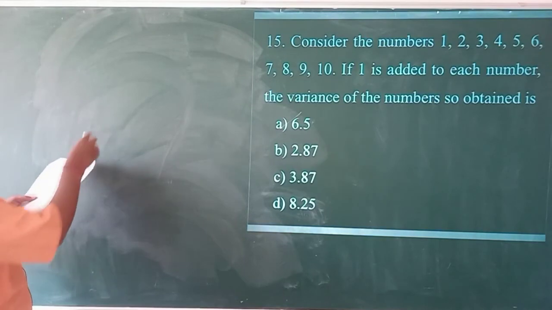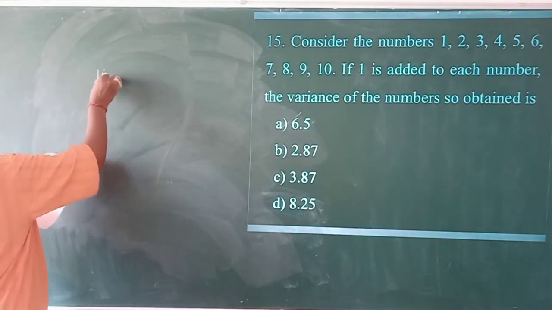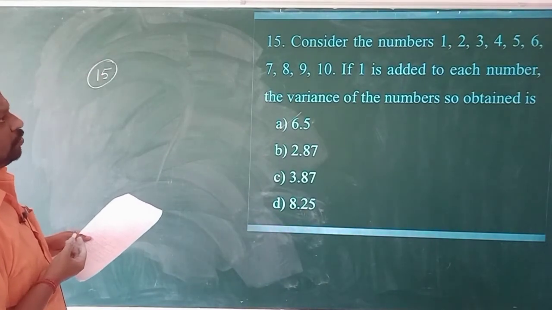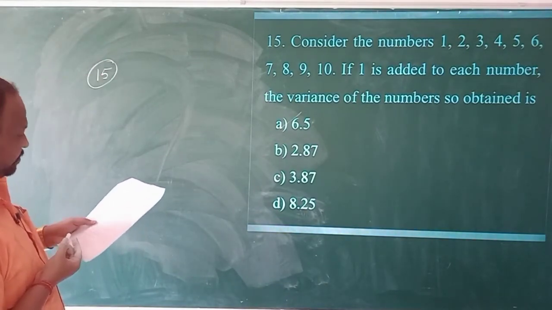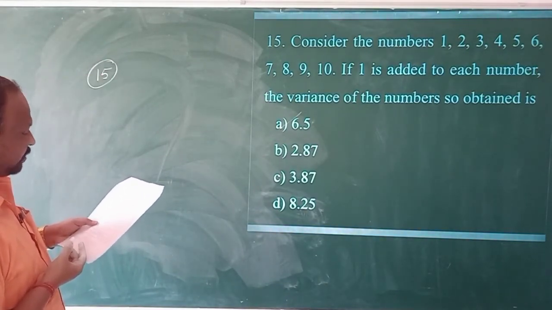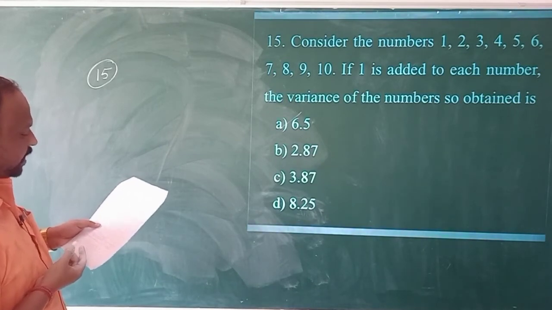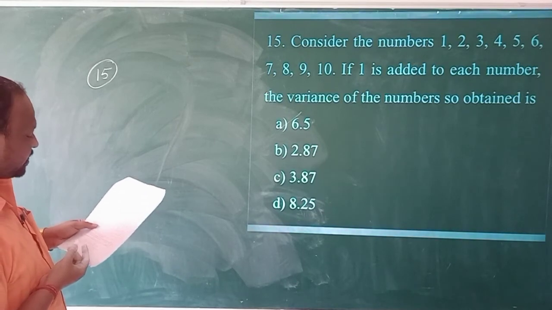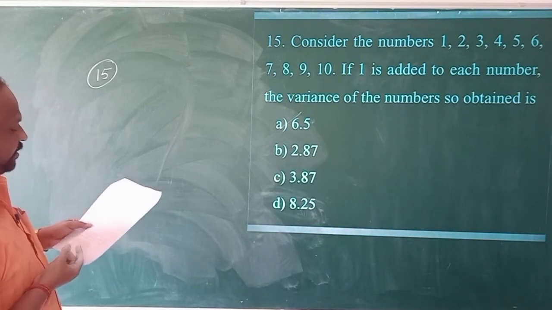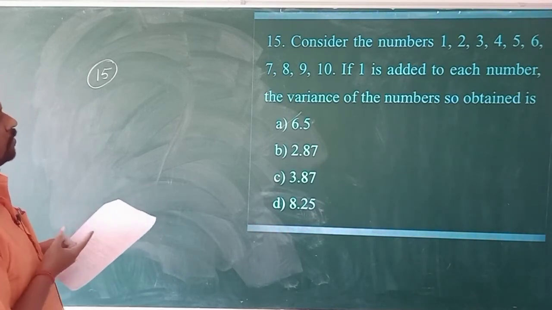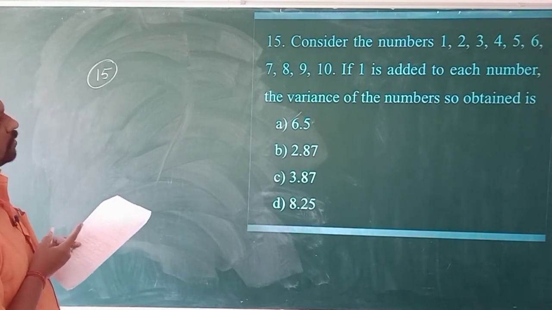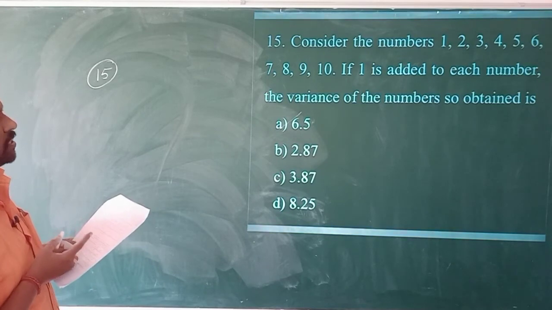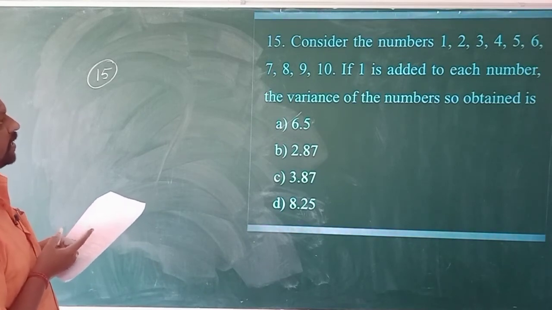Fifteenth question: we have to calculate the variance. Consider the numbers 1, 2, 3, 4, 5, 6, 7, 8, 9, 10. If 1 is added to each number, find the variance of the numbers so obtained. Here you should add 1 to each number, that is 2, 3, 4, 5, 6, 7, 8, 9, 10, 11.